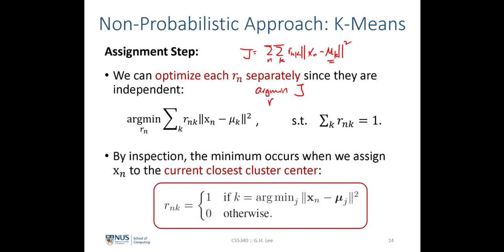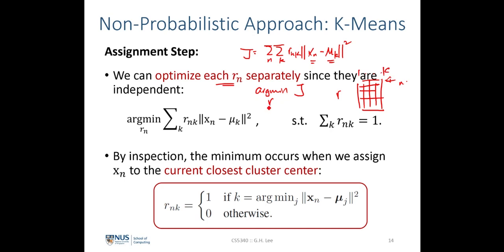And since we are keeping mu_k fixed, we can simply optimize over each one of these r_n separately. Recall that the R matrix is n by k, where the nth row corresponds to the assignment of x_n, the nth data point in our observation, which can take one out of the k assignments.